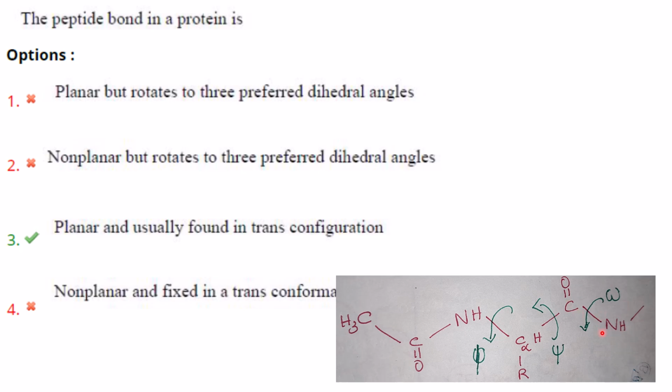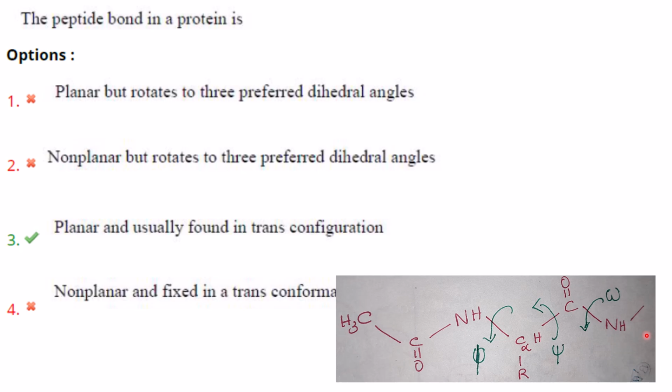So the rotation of these phi, psi angles is restricted to only specific angles; full rotation is not there. That is to prevent steric clashes between the R groups of various side chains of amino acids. And these combinations of phi and psi dihedral angles can be visualized using the Ramachandran plot.